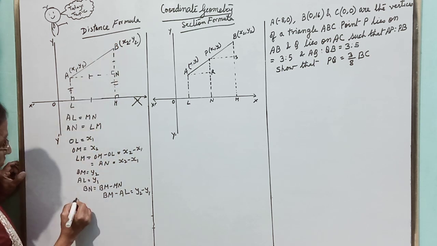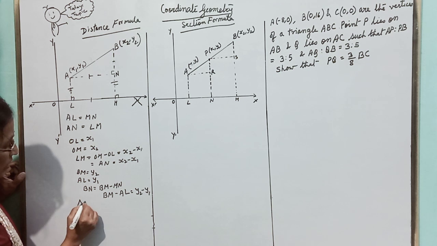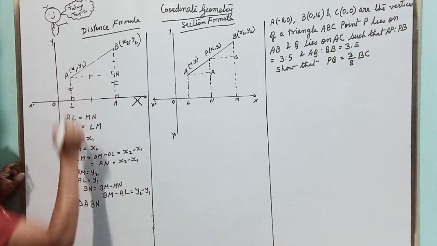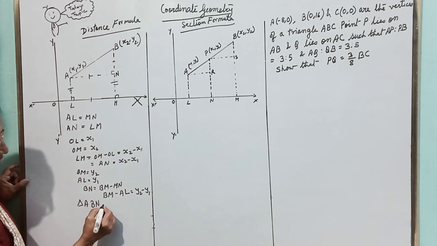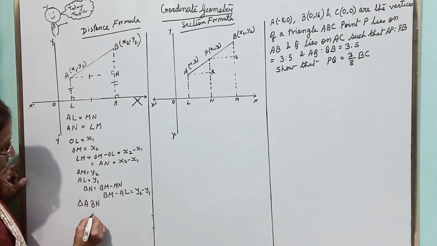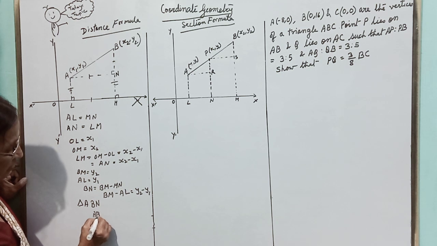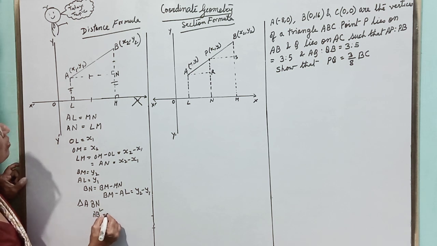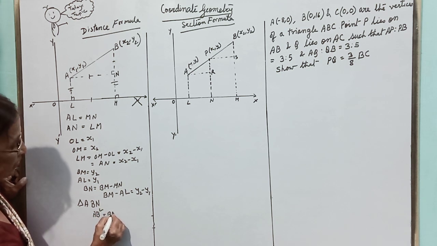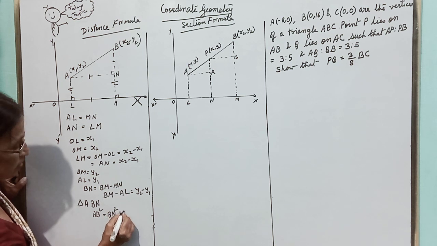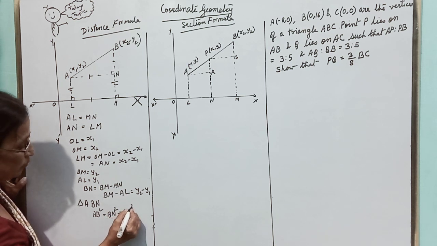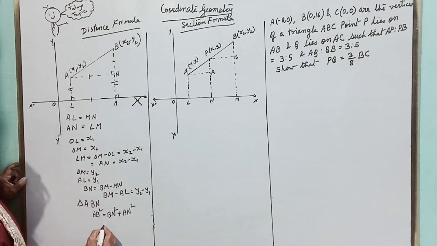Now in the triangle ABN, this is 90 degree. So this is a right angle triangle. I can say that AB square is equal to BN square plus AN square. What is BN square?